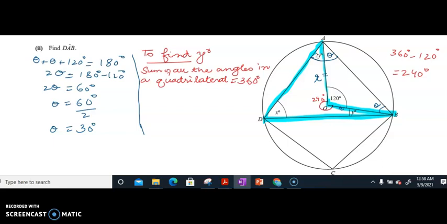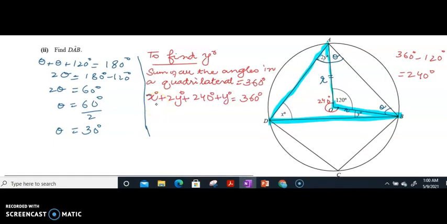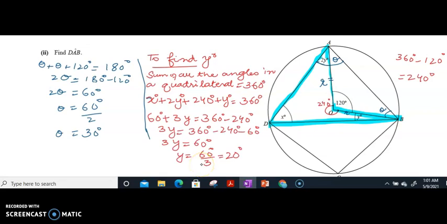Using the formula that sum of all the angles in a quadrilateral is 360 degrees, we have to sum up these angles: x degree, y degree, 240 degrees and 2y degrees. It should be equal to 360 degrees. Since we have already found the value of x in the first part, which is 60 degrees, so we put here 60 degrees, 2y and y sum up to 3y, 240 goes to the other side and is subtracted. Finally, we get y is equal to 20 degrees.